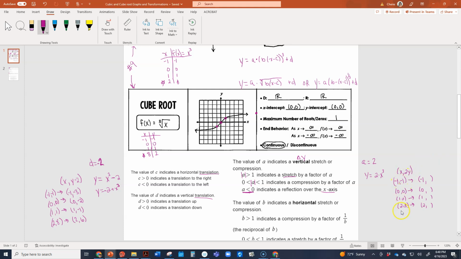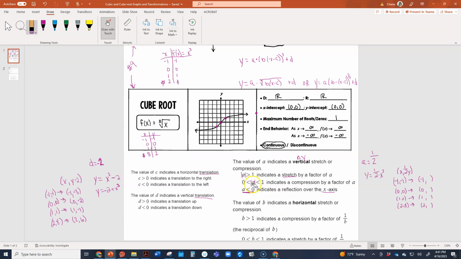You take each one of the points, the x values stay the same, and we just double the y values. So -1 times 2 becomes -2, 0 times 2 stays 0, 1 times 2 becomes 2, and 8 times 2 becomes 16. So that's how an A value changes the ordered pairs. And a vertical stretch means it got taller, it moved further away from the x-axis.